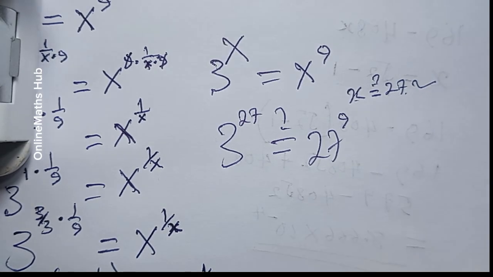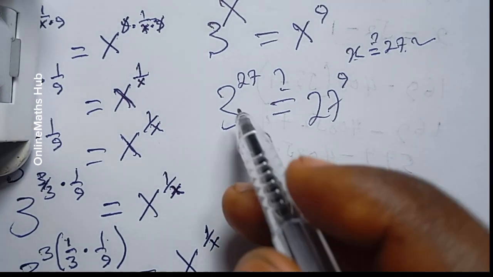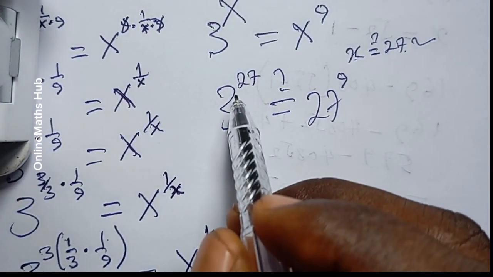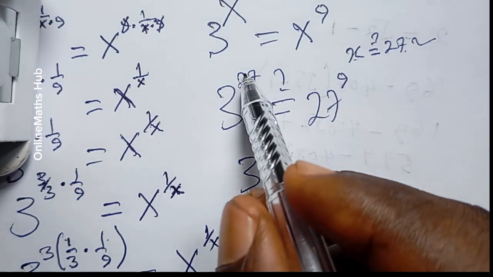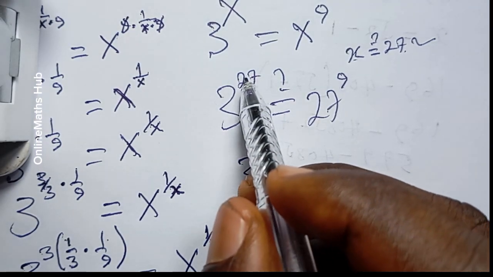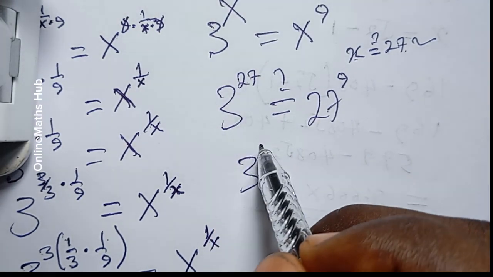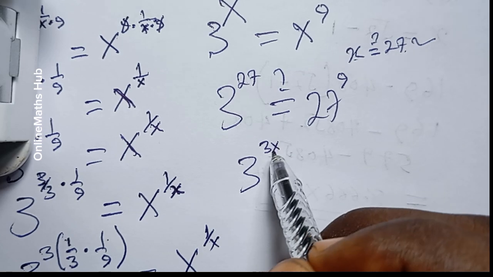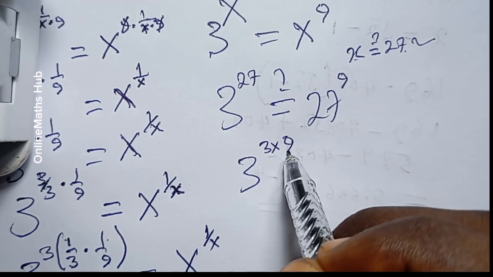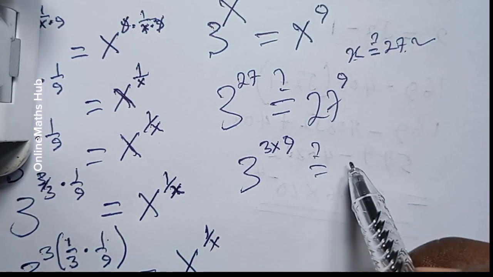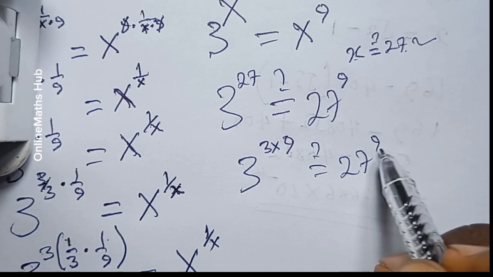We can just start simplifying at this point. Let me do that at the left hand side. I can split this 27 here as 3 multiplied by 9, and of course that gives us 27.